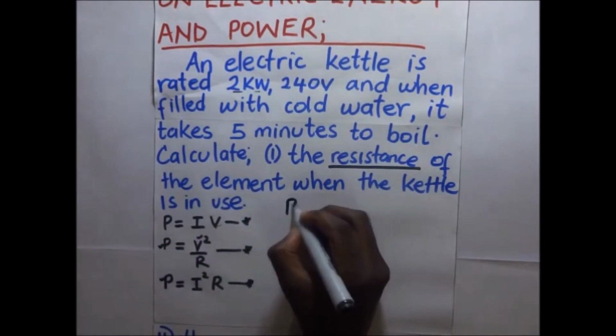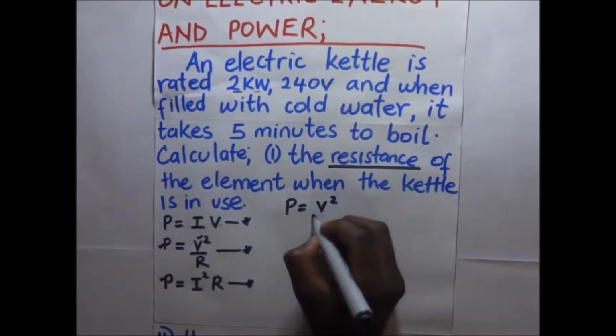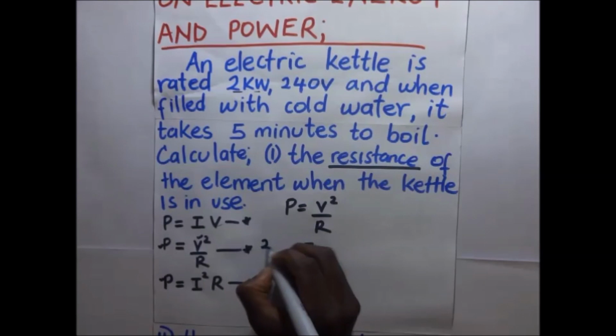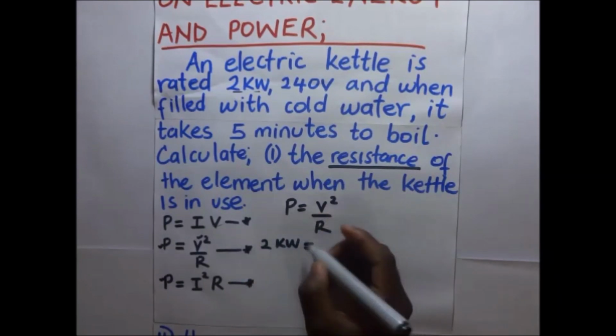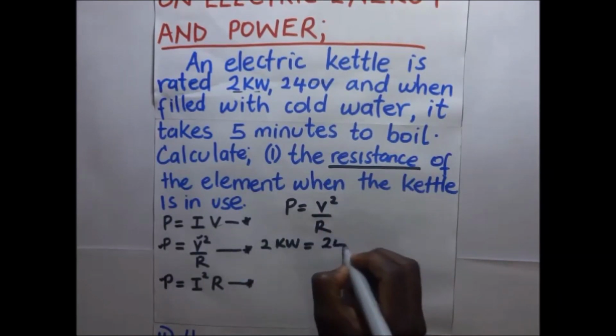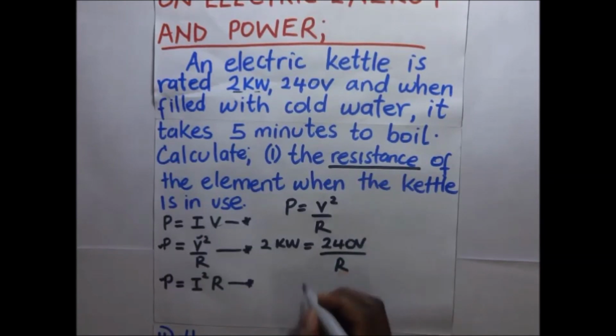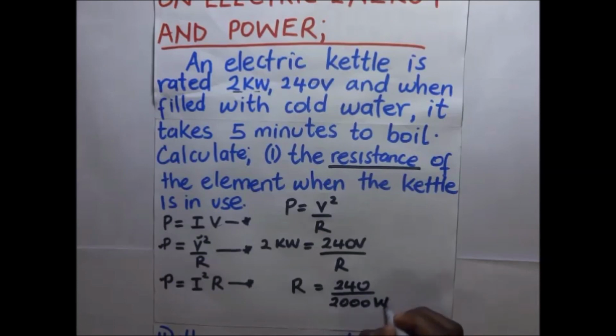Here, power is going to be equal to V squared over R. Our power is 2 kilowatts. 2 kilowatts is going to be equal to V squared, which is going to be 240 volts, divided by R. When we make R the subject of the formula, it's going to be 240 divided by 2 kilowatts, which is equivalent to 2000 watts.